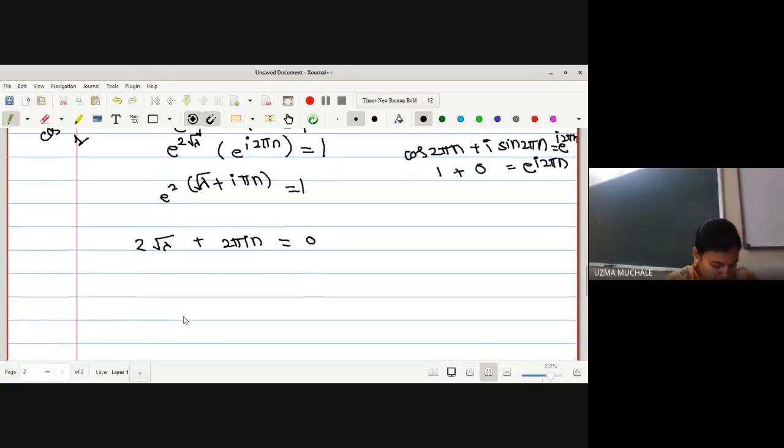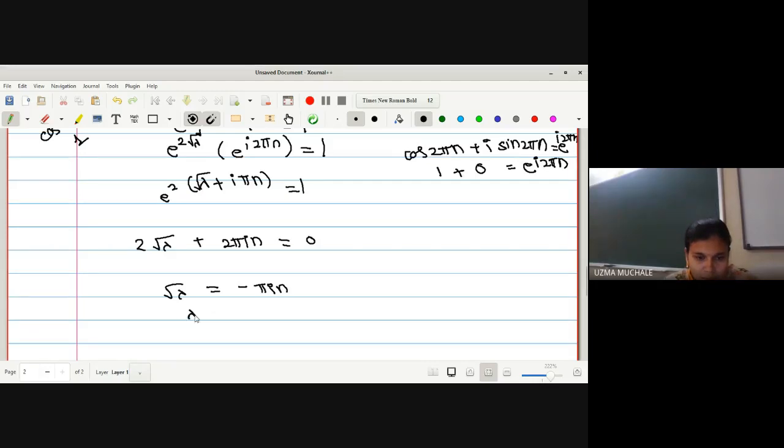So now we can write root lambda is equal to minus pi I n. The 2 can get cancelled, or if you divide by 2, we can write it like this.